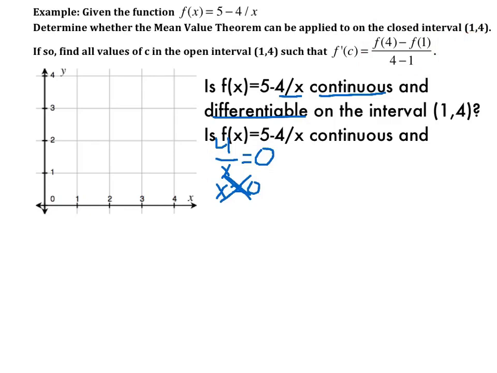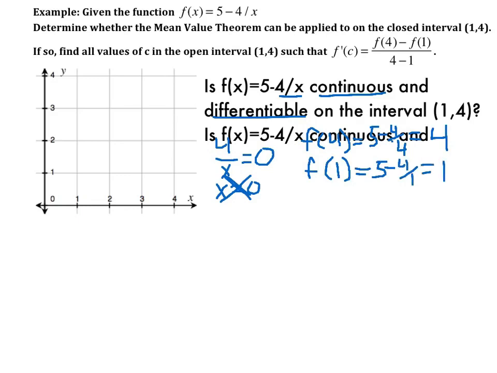So let's go ahead and find f of 4. That's going to be 5 minus 4 over 4, which is 4. And let's find f of 1, which is going to be 5 minus 4 over 1, which equals 1.